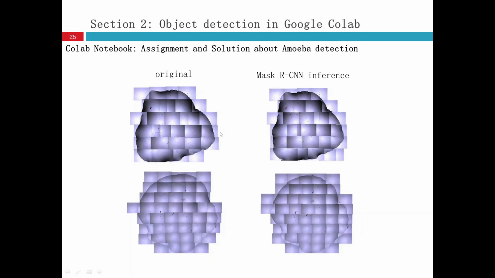You just use your trained model to predict images one by one, and you will get the predicted water drop like here. In this case, you will find the model detects one amoeba, and here is the location. In the second water drop, the model detects two amoeba, and these are the locations of them.